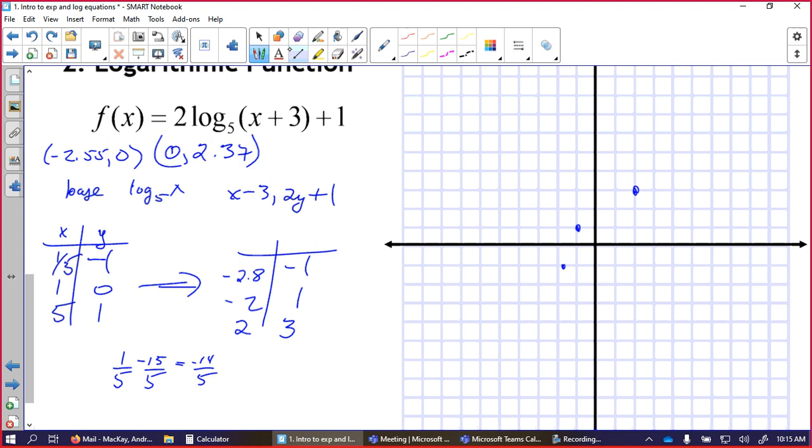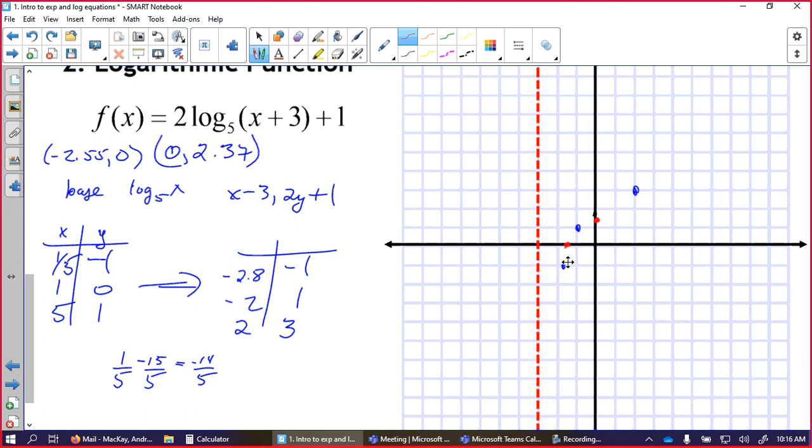This one has a vertical asymptote at -3. So we have that business, and this one's a little bit easier to see. 0 and 2.37. Well, let's put that somewhere there. -2.5.